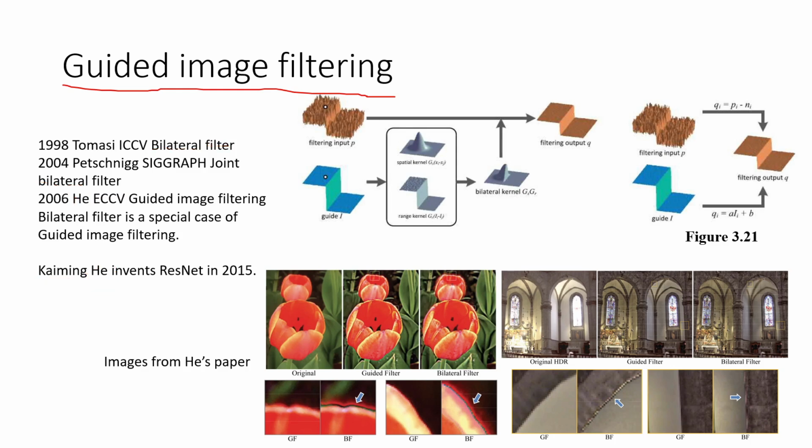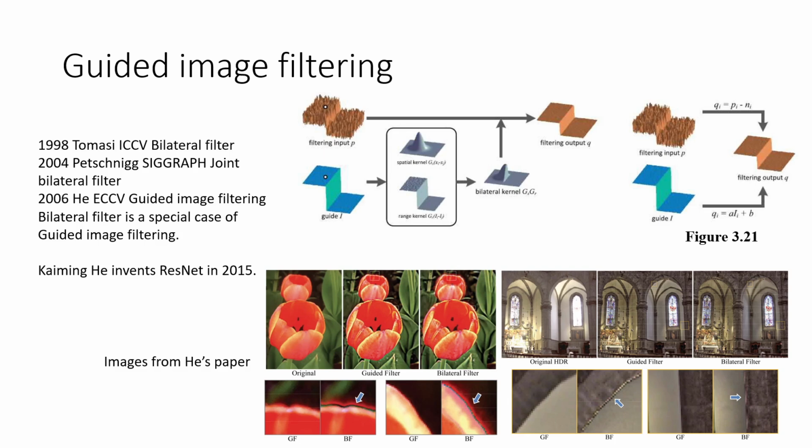Okay, let's see what he mentioned in this paper. Bilateral filter is only a special case of guided image filtering. So you can see the bilateral filter becomes the joint bilateral filter and then a more general filter called the guided image filter.